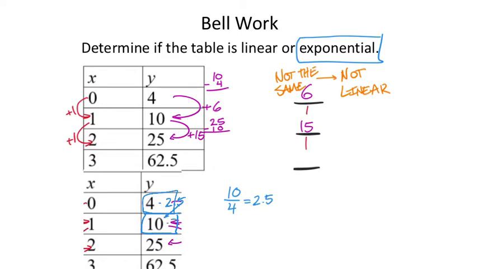And if you did 10 times 2.5, you'd get 25. If you did 25 times 2.5, you'd get 62.5. And you could continue this down, but this is just to show that we can find what is being repeatedly multiplied. And since it's being repeatedly multiplied, that is what makes it exponential.